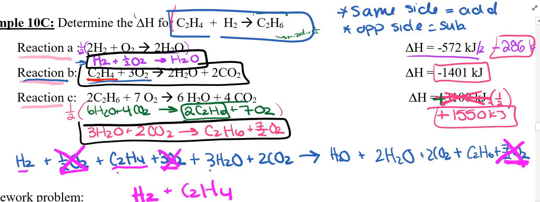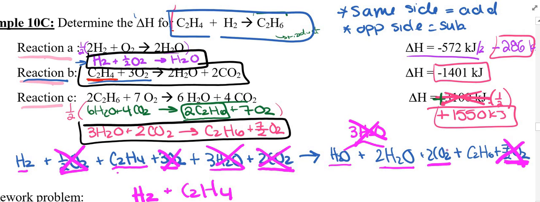Okay, the next thing I have is 3 H2Os. Well, I see other H2Os. All right, these 2 are on the same side, so I'm always going to work on the same side first to make it easier. So these are going to add, and we're going to add them to make 3 waters. So we have 3 waters on this side, and we have 3 waters on that side, which is great because they're going to cancel out, and we don't want water. Okay, and now the next thing I run into is CO2. 2 CO2s, 2 CO2s.